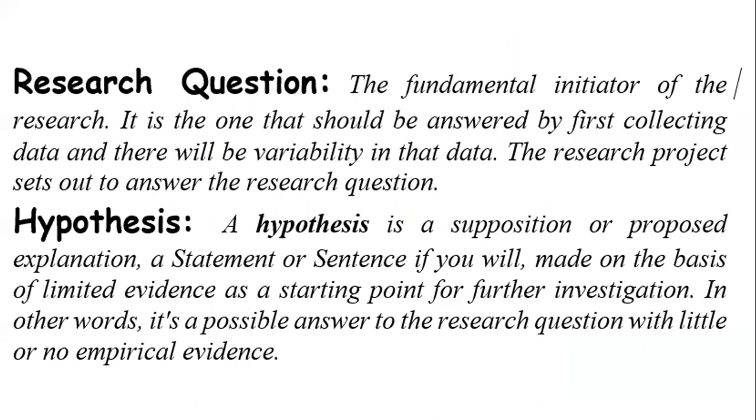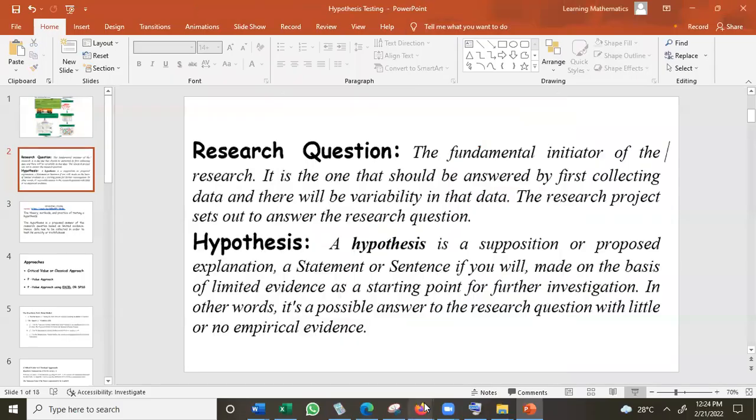In other words, it is a possible answer to the research question with limited or no empirical evidence. So just bear that in mind. The hypothesis is a possible answer with little or no empirical evidence. So just keep that in mind. All right.